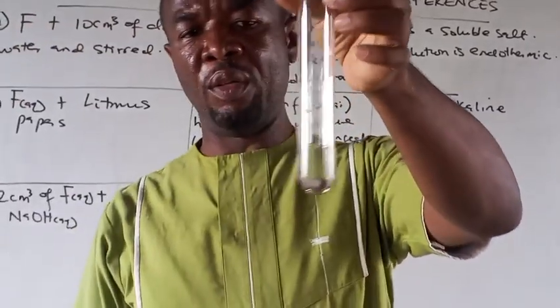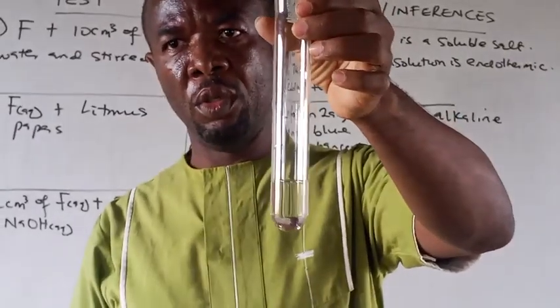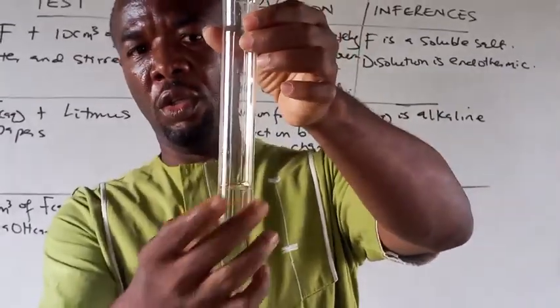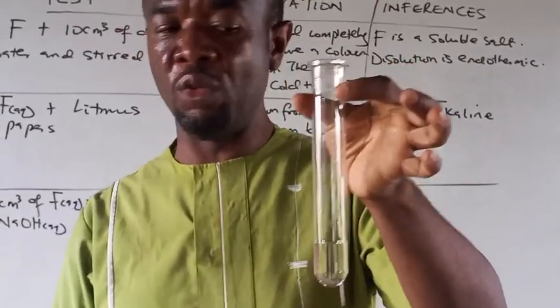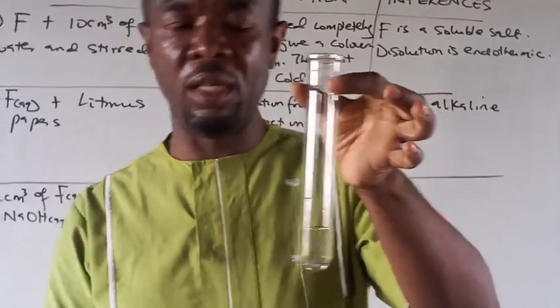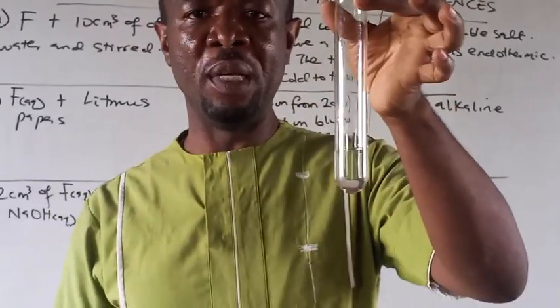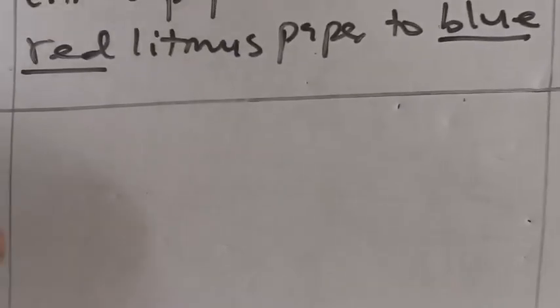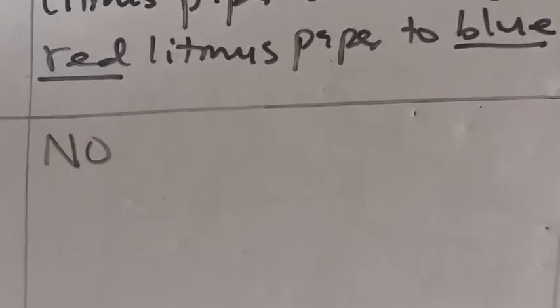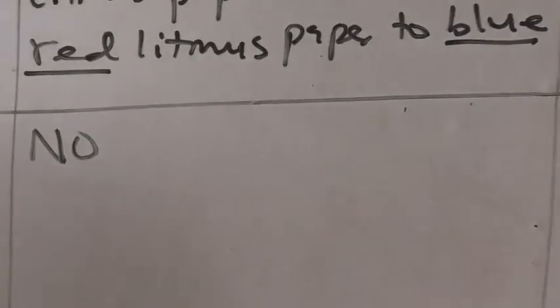I added enough and you see that nothing happened. There was no visible reaction. Don't say no reaction. There could be a reaction, but we'll say no visible reaction, we're not seeing it. Here we'll write no visible reaction.